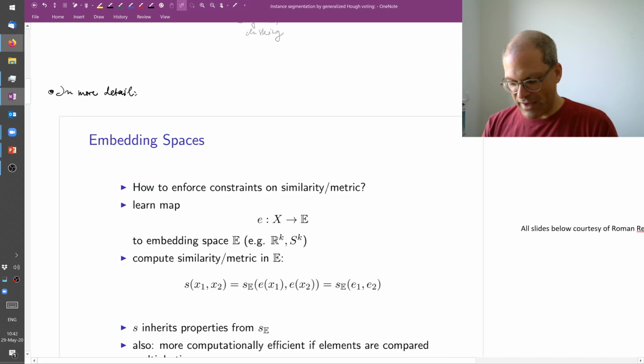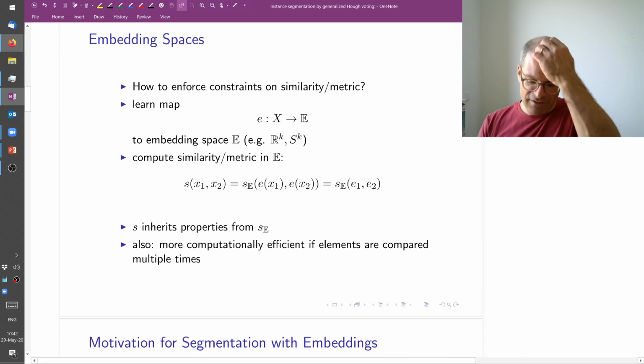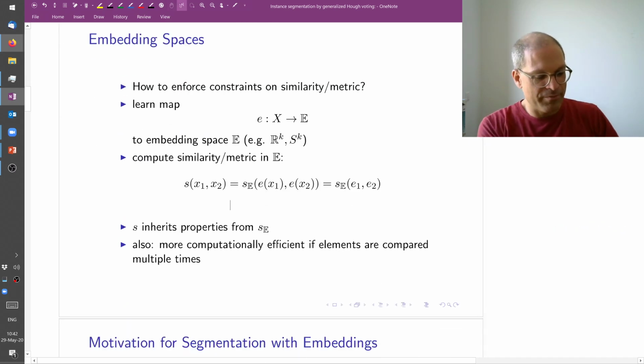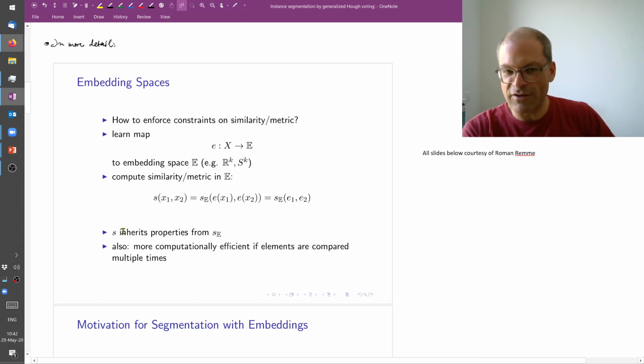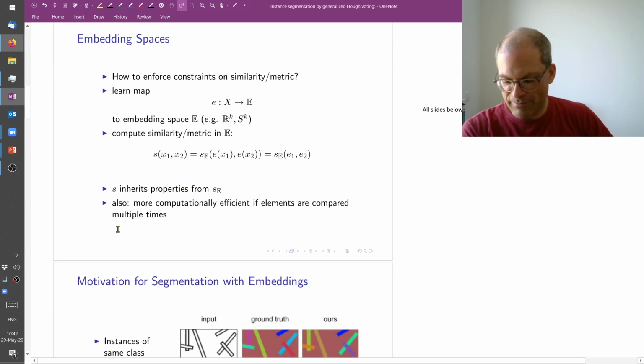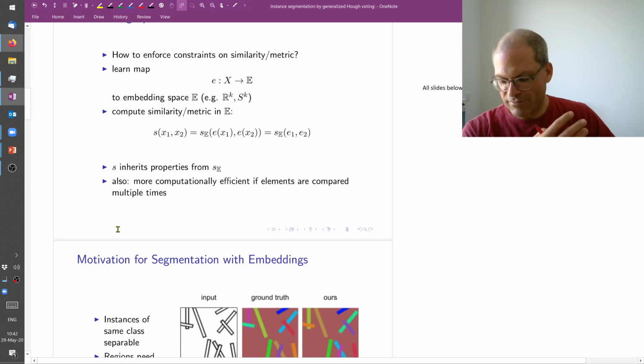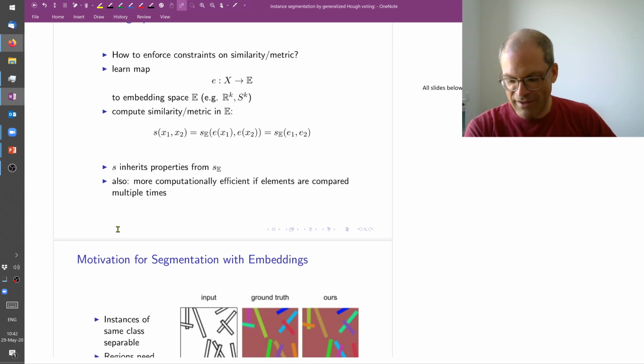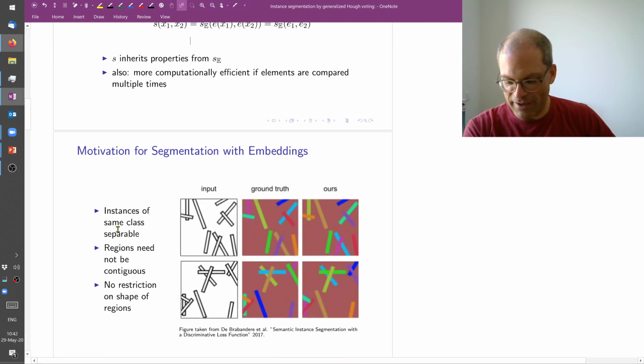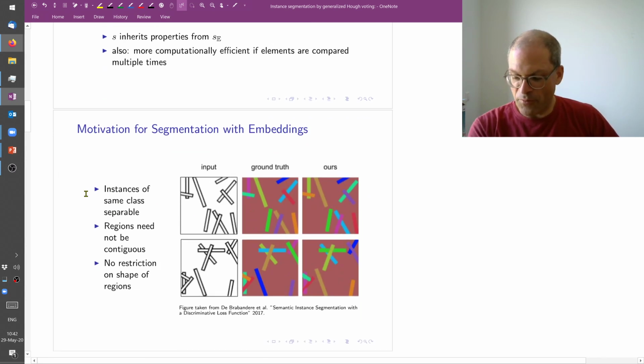And that is very computationally efficient, because we just need to compare something like Euclidean distance or use some other metric in this embedding space. So we only need to embed each pixel once. It's linear in the number of pixels, the embedding that we create. And then we can indeed use the kind of ground truth that I've sketched earlier.